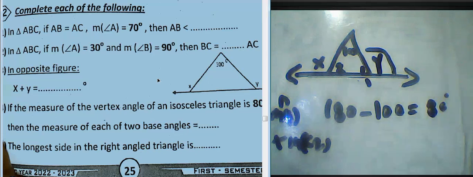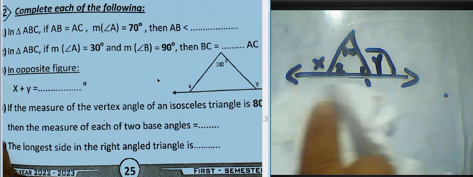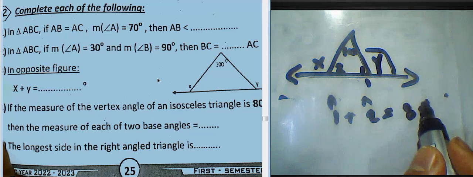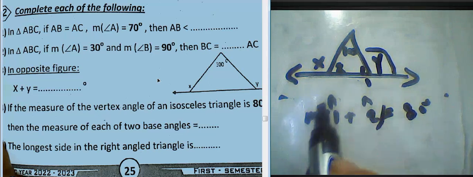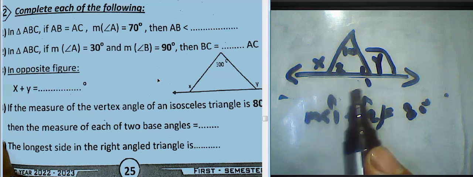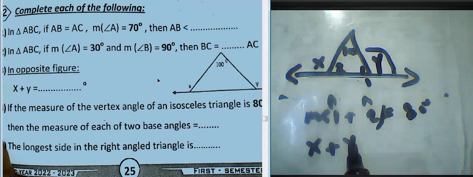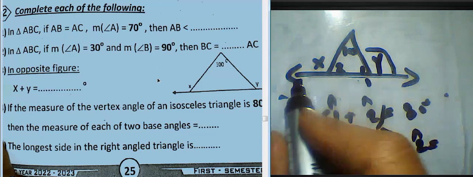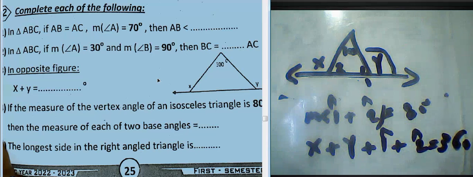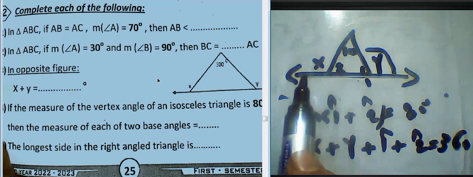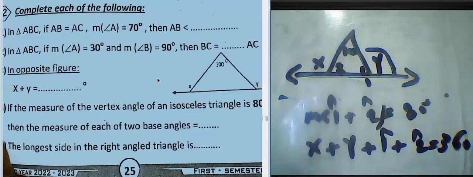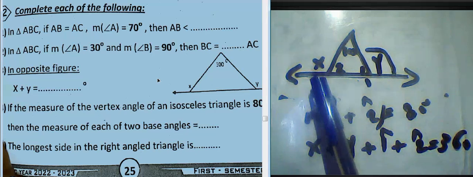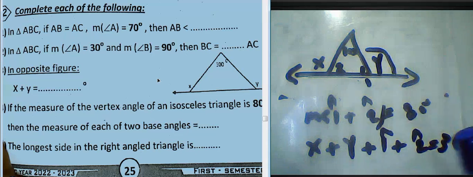So now the measure of angle 1 plus the measure of angle 2 equals 80 degrees. Understood? And we know x plus 2 equals 180, because we have a straight line here, and the measure of a straight line equals 180. Also 1 plus y equals 180.